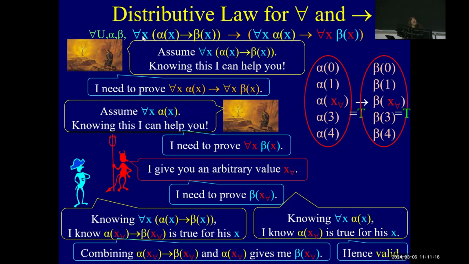Well, that means she's waiting for me to give her an x. The only way I can use her statement is if I give her an x and she'll assure it. So I was given an x, and it seems natural to give it to her. So what does she say?